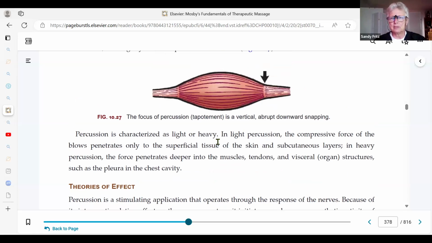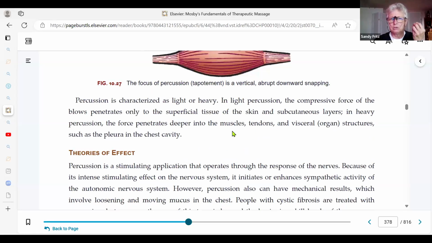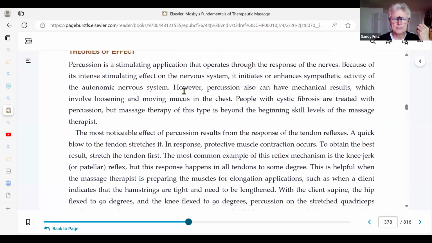I use it more as an intervention. So percussion, if there is some chest congestion, or if I'm trying to stimulate some joint mechanoreceptors or muscle tendon receptors, I might use that abrupt stimulus response there.